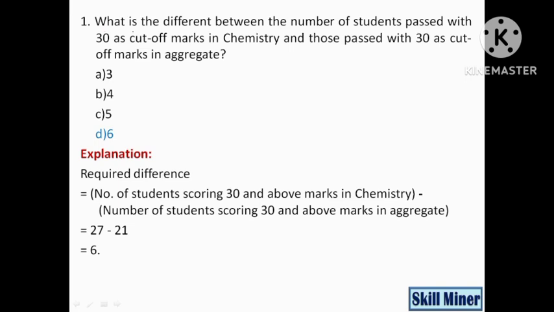First question. What is the difference between the number of students passed with 30 as cutoff mark in chemistry and those passed with 30 as cutoff mark in aggregate? So, in this question, they are asking the difference between the number of students above 30 as cutoff mark in chemistry minus the number of students above 30 as cutoff mark in aggregate.